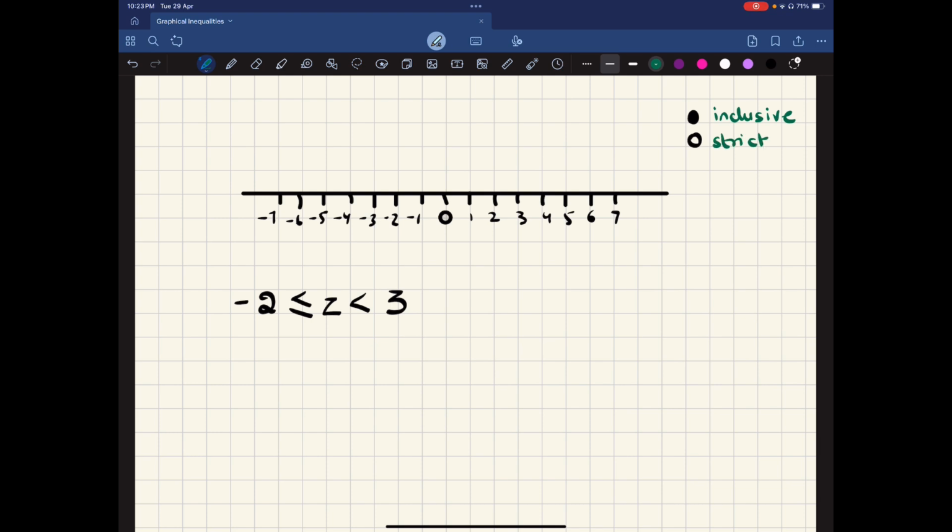What is a strict inequality? One that does not have an equals to sign. So z is strictly less than 3. 3 is not included in the range. So z is greater than or equal to -2, so -2 is included in our answer range. And then 3 is a strict inequality, so we will have a hollow circle here.